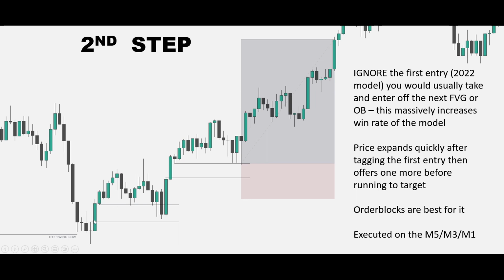So in this case, most of you would usually take the 2022 mentorship entry, which is this. However, I wait for that to occur, and once that is validated and confirmed order flow in the buy side direction, when we break above the swing high here, we then wait for a return to the fair value gap or order block, in this case fair value gap.